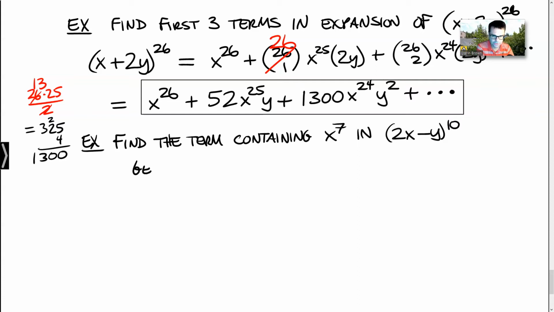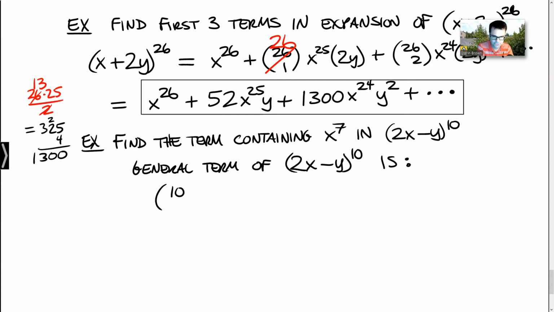So the general term of (2x - y)^10 is going to be 10 choose k times (2x)^(10-k), times (-y)^k.